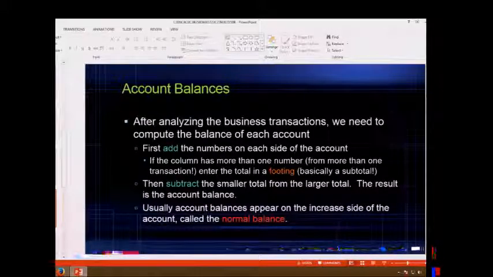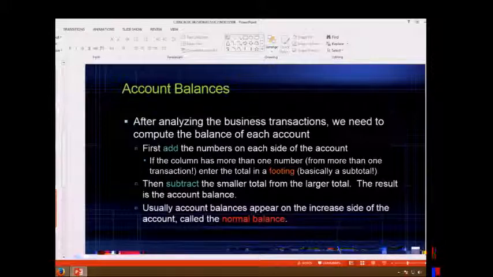Okay? So if you're an asset account, look on cash on page 61. They had $100,000 put in on the left, and then they had all of those transactions on the right that added up to 17,000, right?